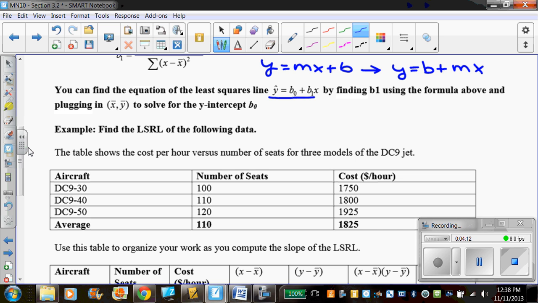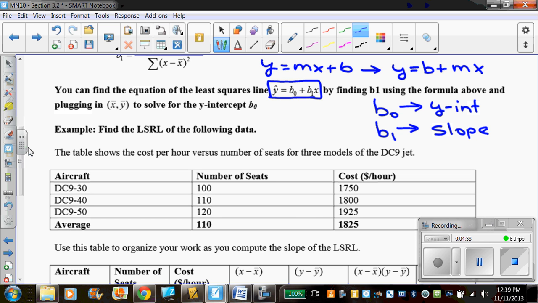Now, if you look at this down here, this y prime, your predicted y, equals b naught. So your b naught is your y-intercept. It's your initial start, plus b1 times x, and b1 is your slope. So it's nothing different than you've always seen. It just looks different.